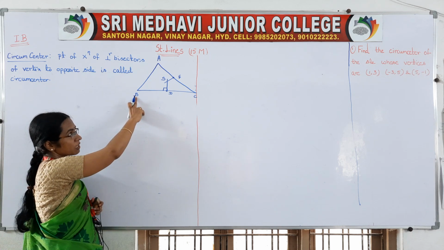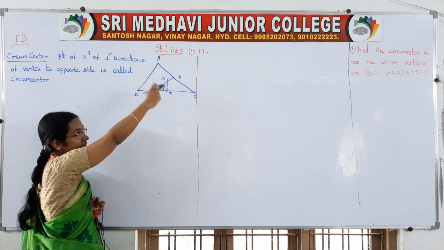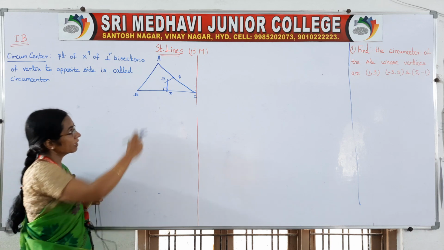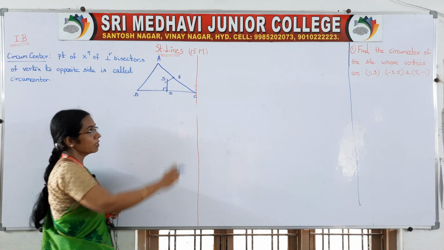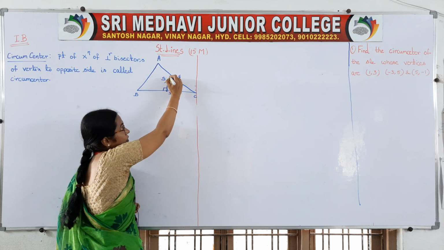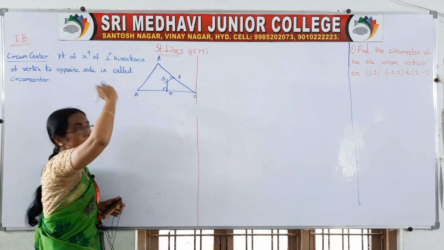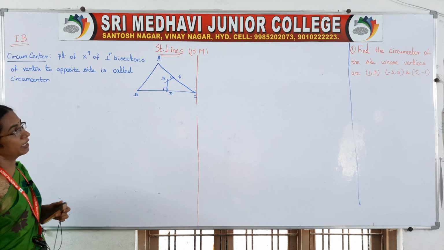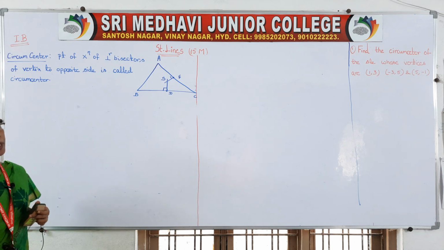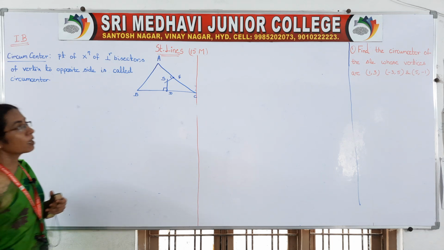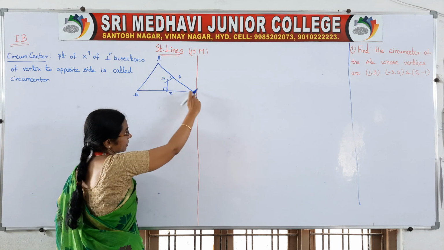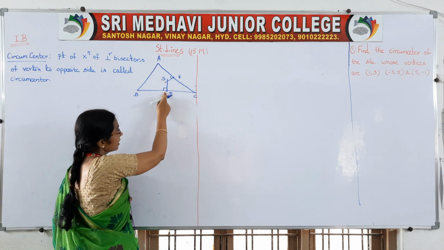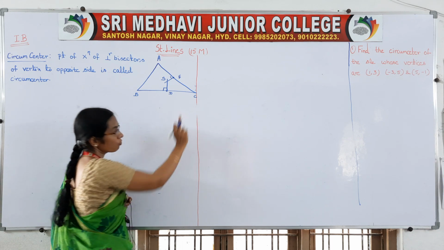Now come to this vertex, its opposite side is AC. So for that line you have to find the perpendicular bisector, that means again the line which divides that line into two equal parts perpendicularly. SE is the perpendicular bisector of AC. SD is the perpendicular bisector of BC.